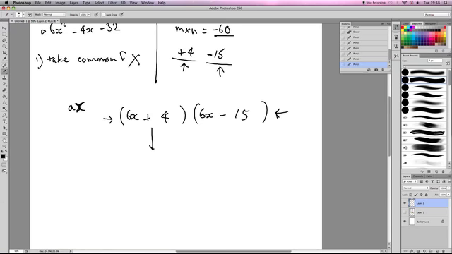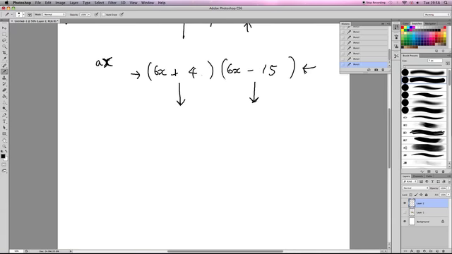From there, you just want to take out any factors that are in each bracket. So if we look at this one first, I can't take a factor of x out. The only number I can really take out is a factor of 2. If I take a factor of 2 out, I get 3x there, and plus 2 there.